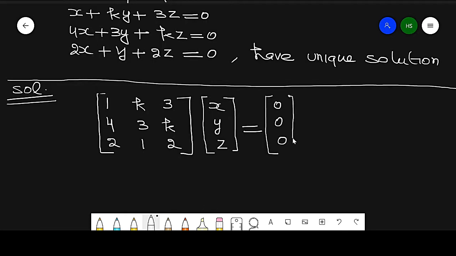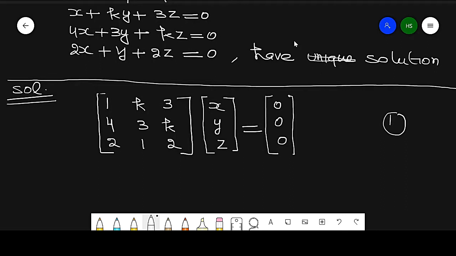So step number 1, convert this system of equations into matrix form.